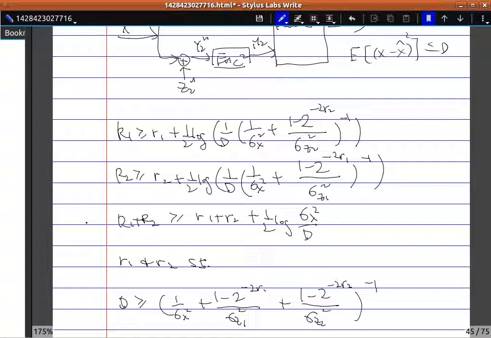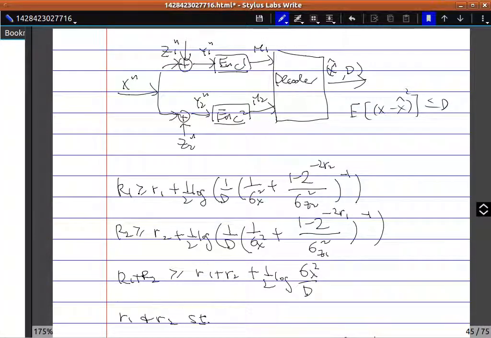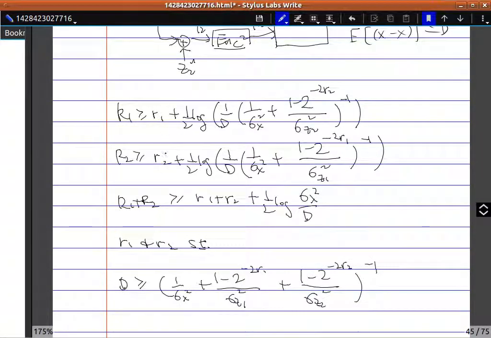With R1 and R2, the rates for encoder 1 and encoder 2, and small r1, r2 is something you can trade off here, and also D will be bigger than this expression here.